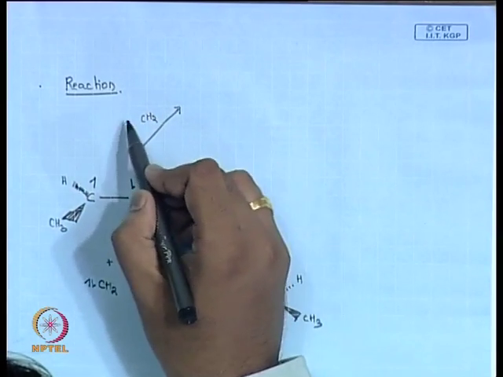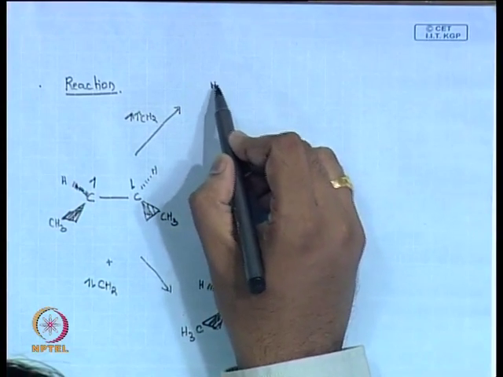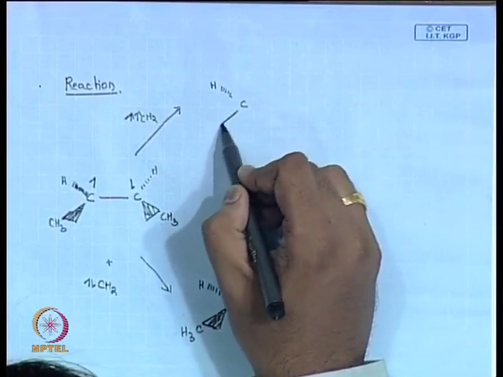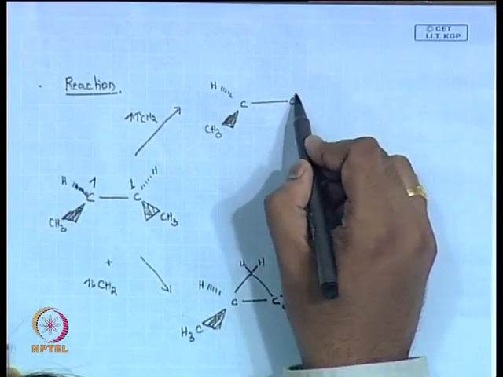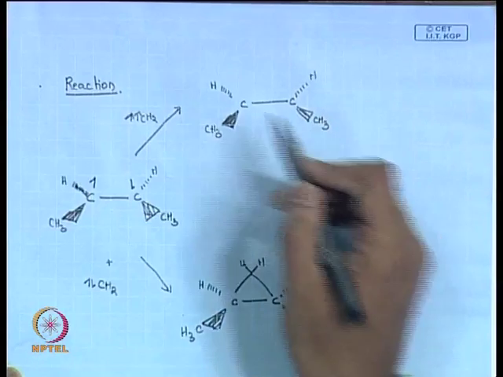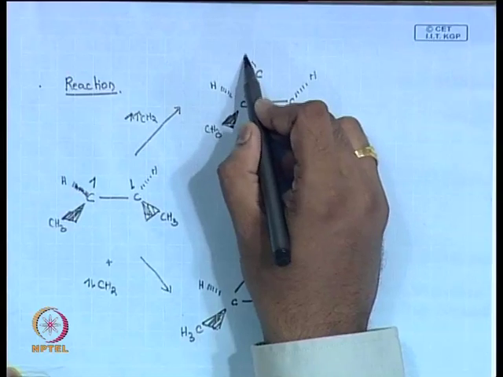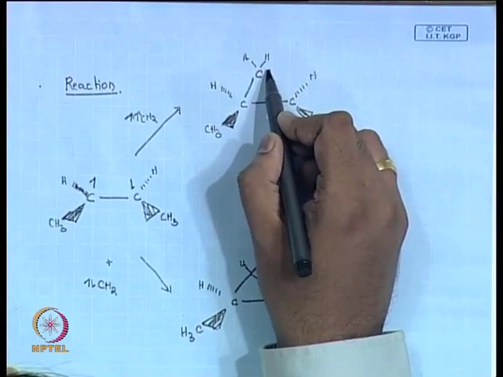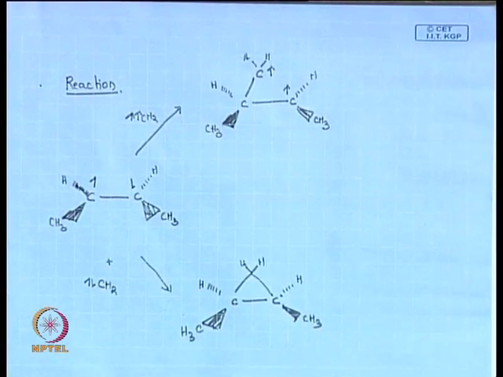If I have a triplet, so what happens? So, if it is a triplet, then I will end up like this, right.